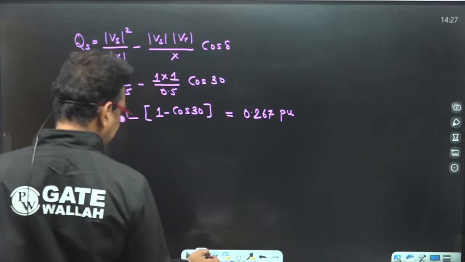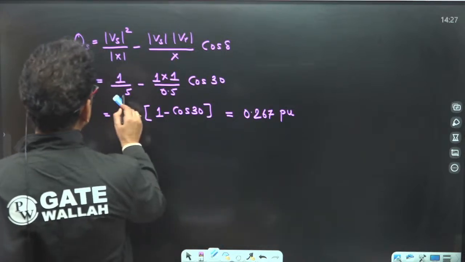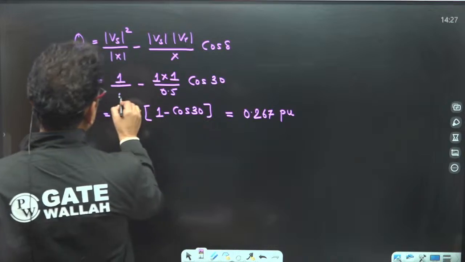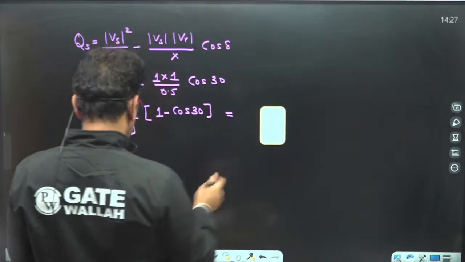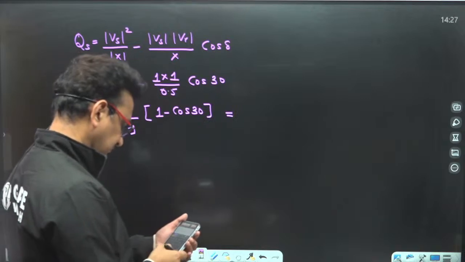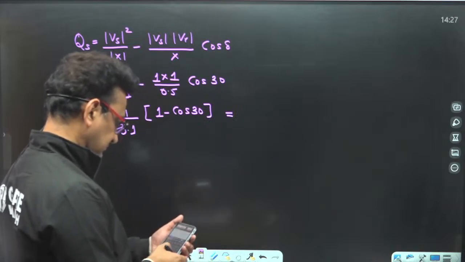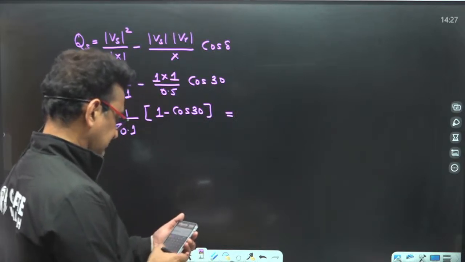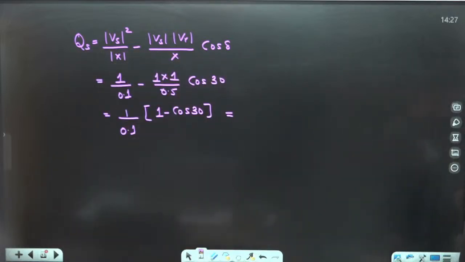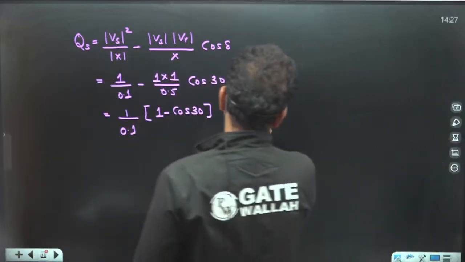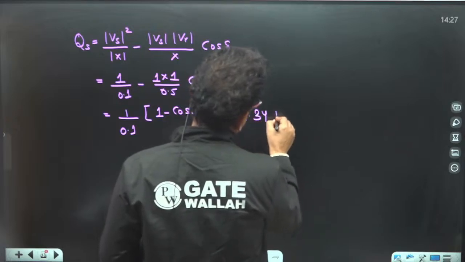By mistake, I took it as 0.5. So this is 0.1. So 1 minus cos 30 divided by 0.1 gives 1.34 PU.